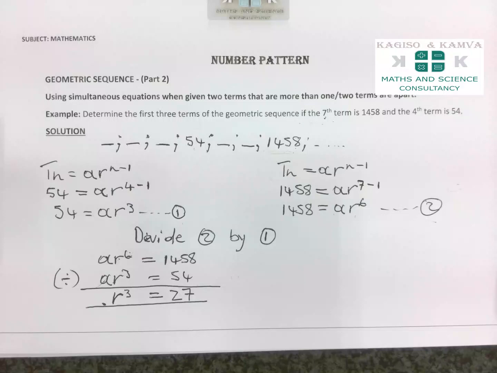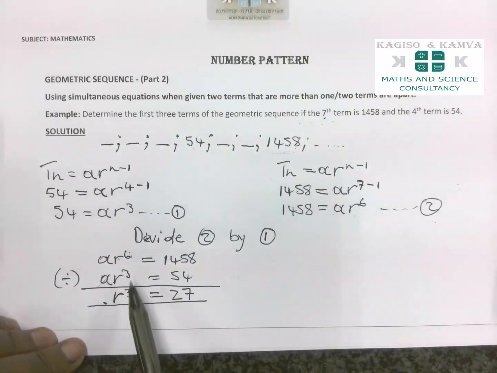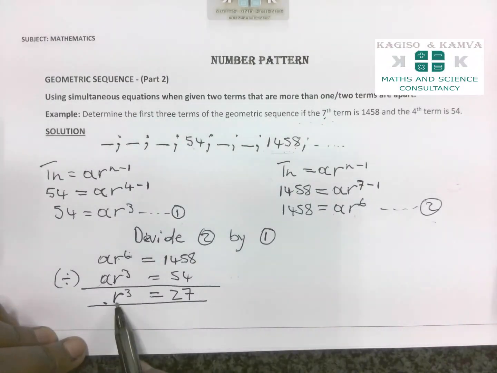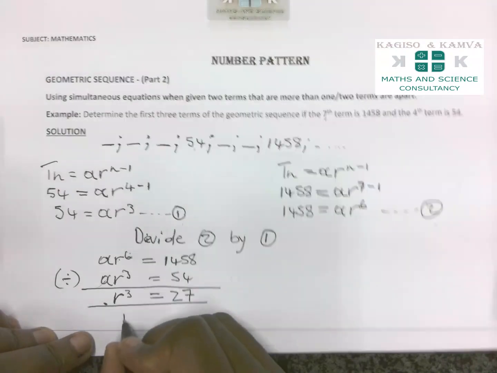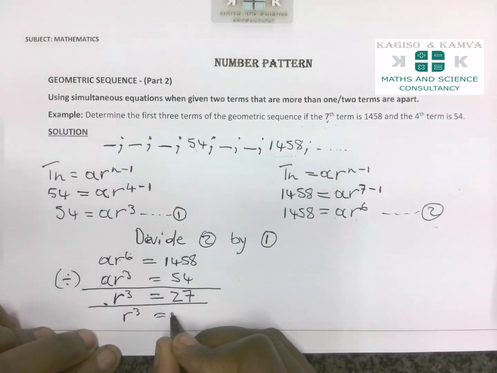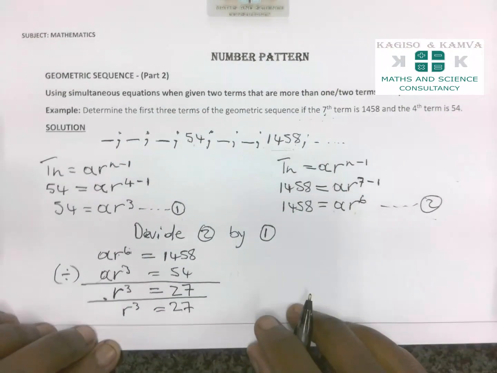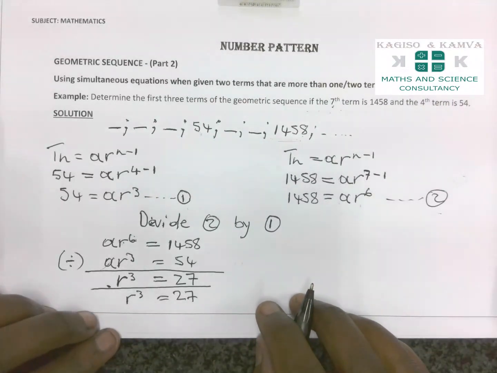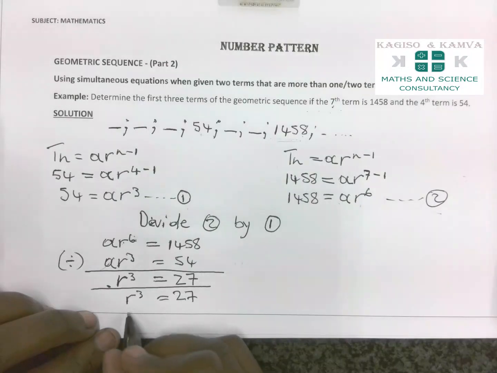Now we need to solve for r. Since r cubed is equal to 27, we introduce the cube root on both sides.